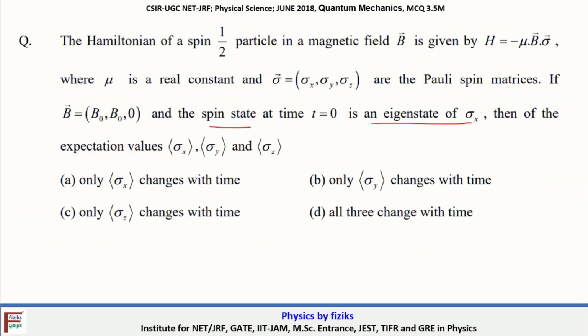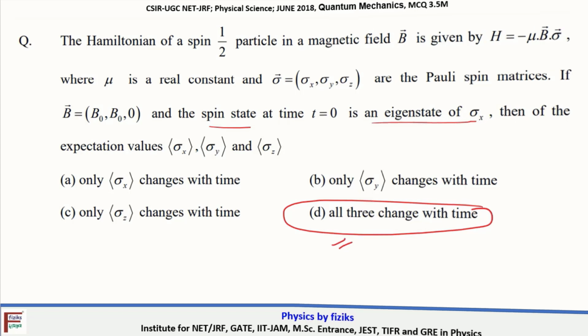Hence, our option D is correct. That is, the expectation values of sigma x, sigma y, sigma z all change with time.